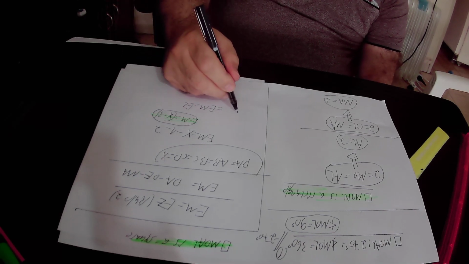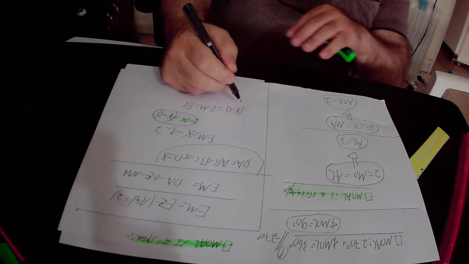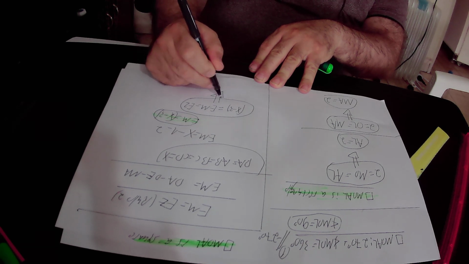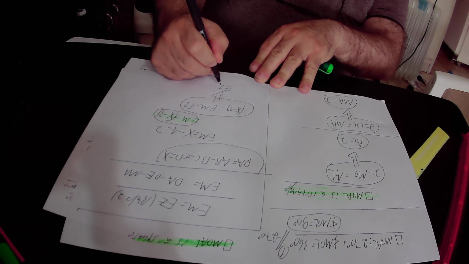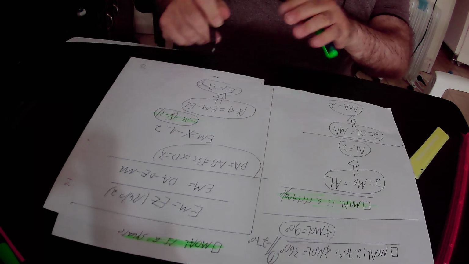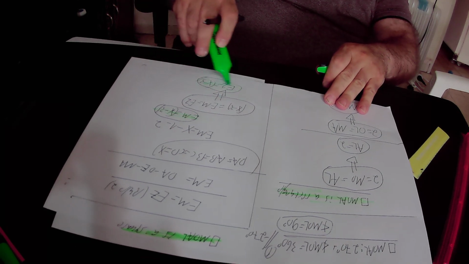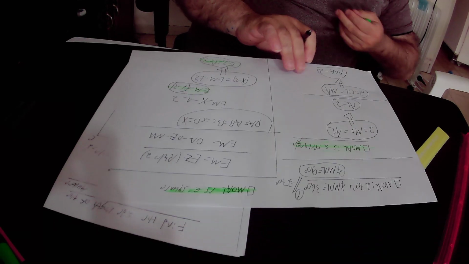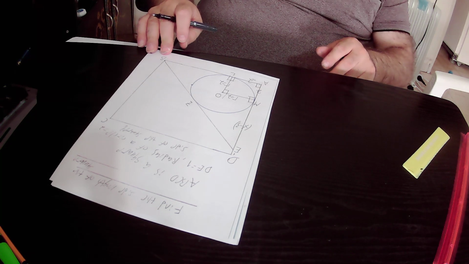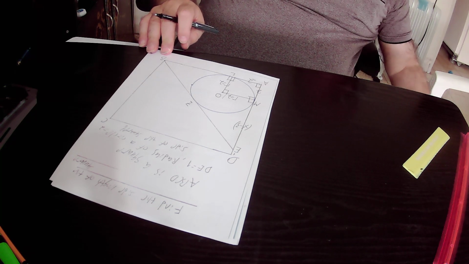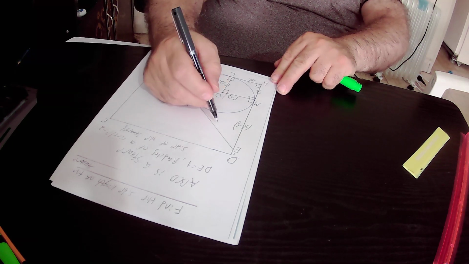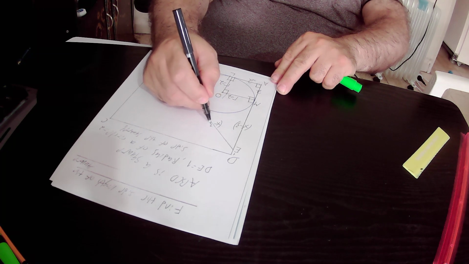From this equation, X minus 3 equals EM equals EZ, we will derive that EZ is also equal to X minus 3. EZ equals X minus 3.